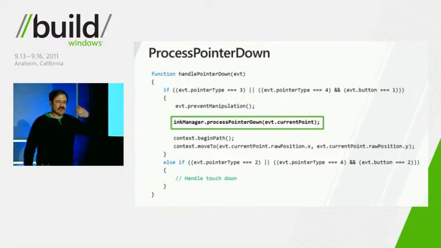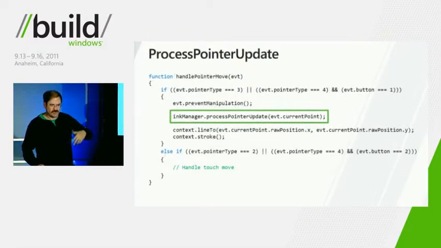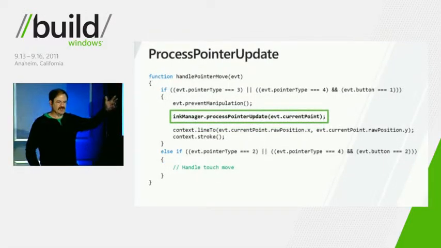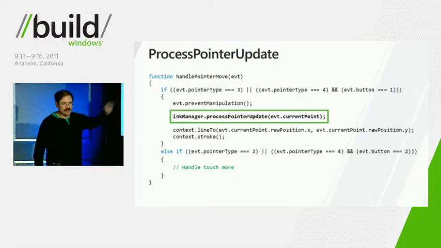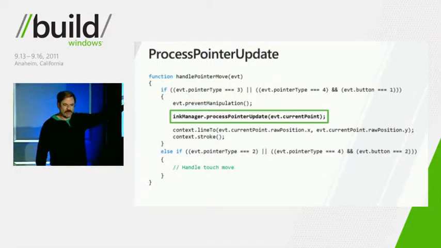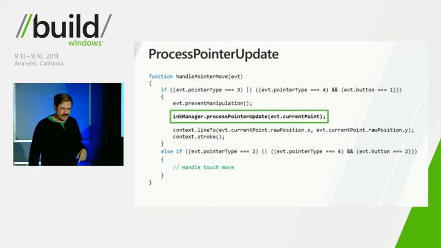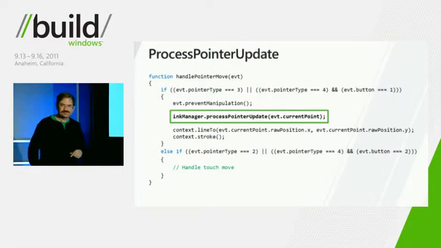So it doesn't make those calls. So in our case, we have the global pointer to the context, we've started the path, and we've done the move to. And it's the same for the next one, the update. You notice how it's almost the same function, right? We're again checking to be sure it's a mouse, turning off manipulation, passing the current point on to the ink manager, and doing our own line to with the context.